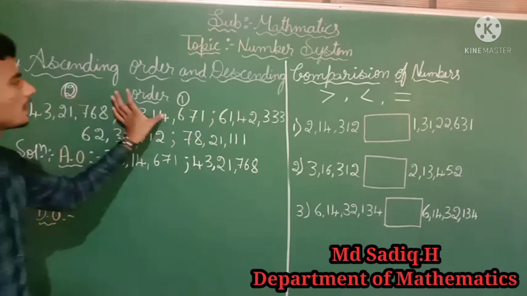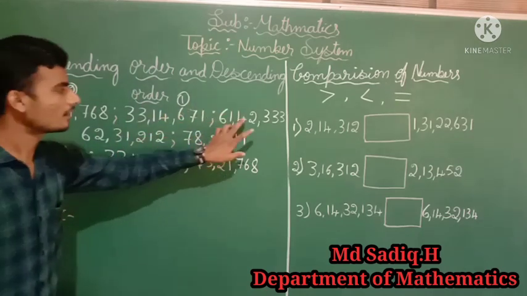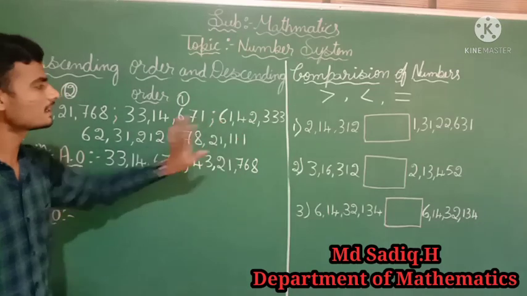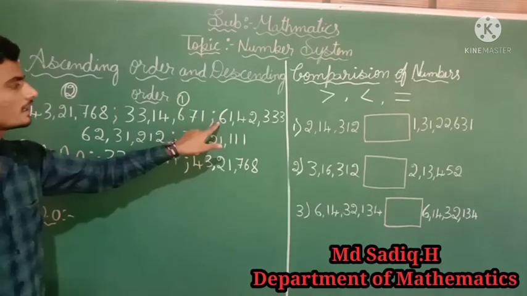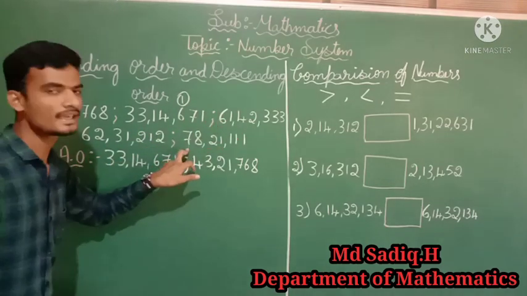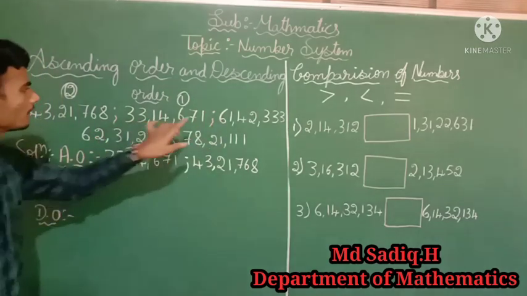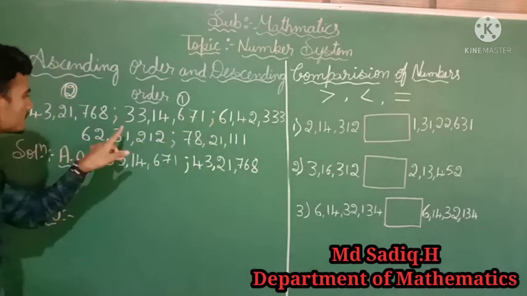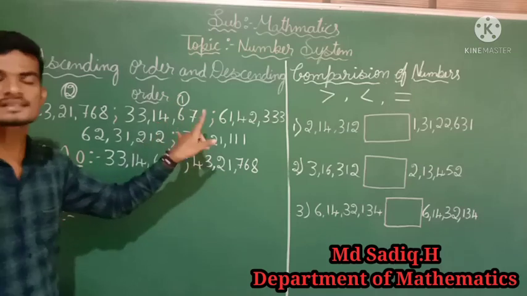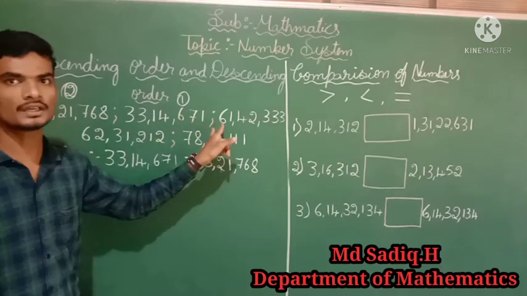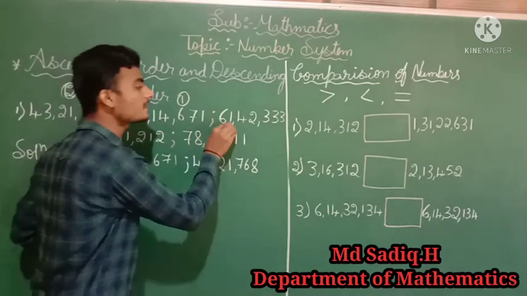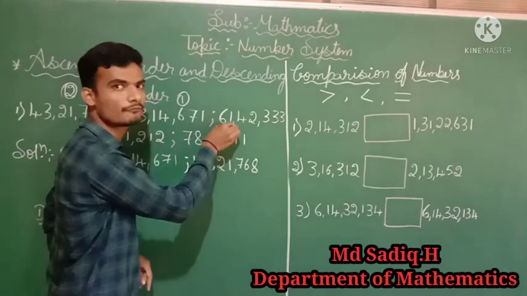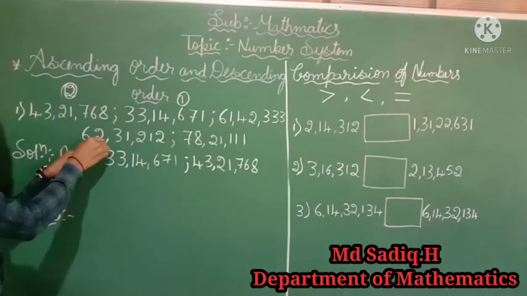These two are complete. Now we have to see these 3 numbers. In these 3 numbers, which is the smallest? Here is 6, here is also 6, and here is 7. Both numbers are the same. After that, what do we have to do? We have to see the next digit. After the 6, here is a 1. Next, here is a 2.